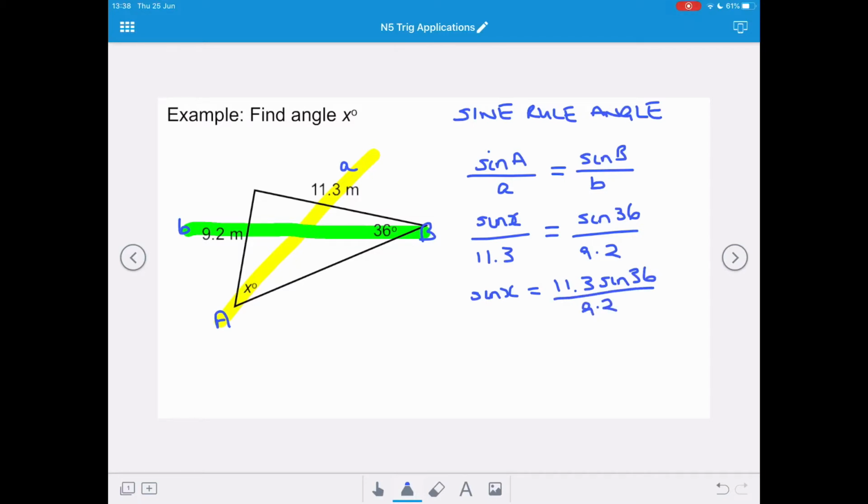Using our scientific calculator, x is going to equal arc sine, or the shift sine button, of 11.3 sine 36 over 9.2 using our fraction button, and that's going to give us a value of 46.2 and so on, and rounding it to the nearest degree gives us a size of angle x of 46 degrees.